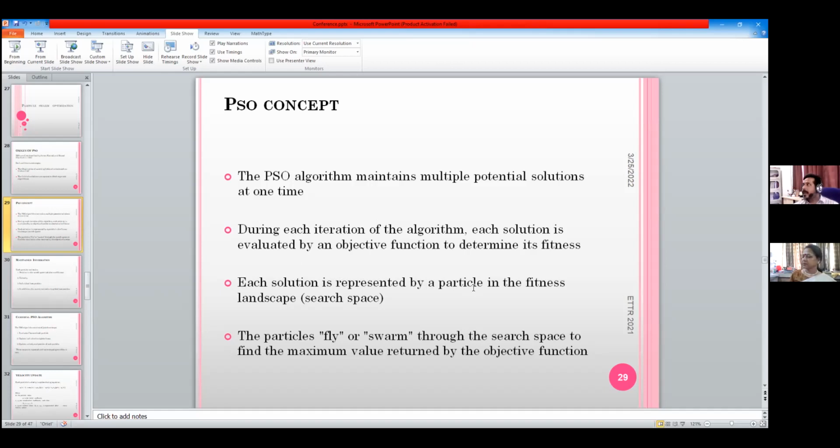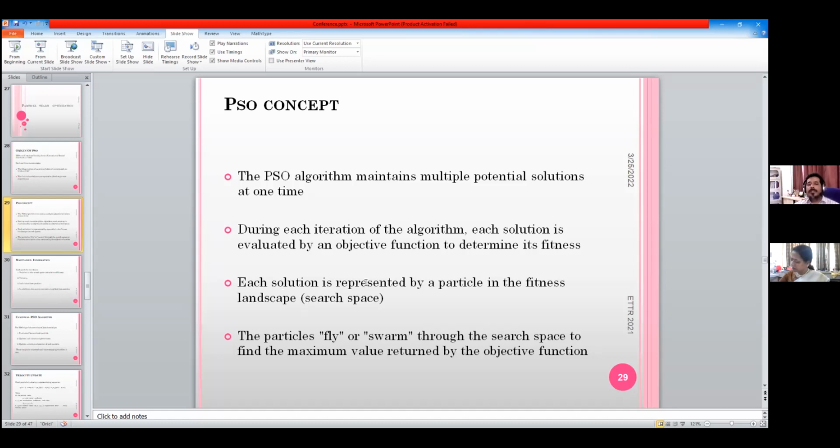Now each solution is represented by a particle. In the flower garden example I gave 30% to search for flowers, but here we will allot 30 or 50 birds, that means a swarm of birds. That's why it is called particle swarm optimization. A swarm of birds searches for food. Every bird's position will be a particle, and its position will be a solution for us.